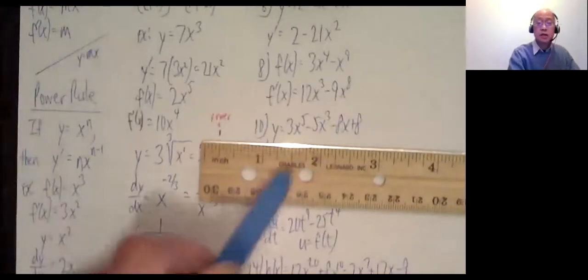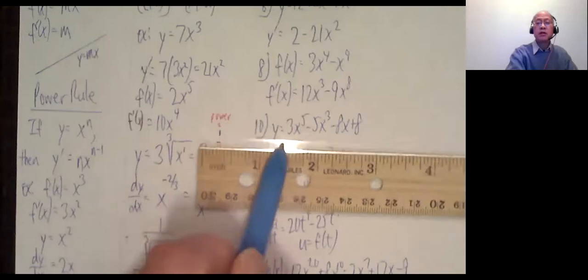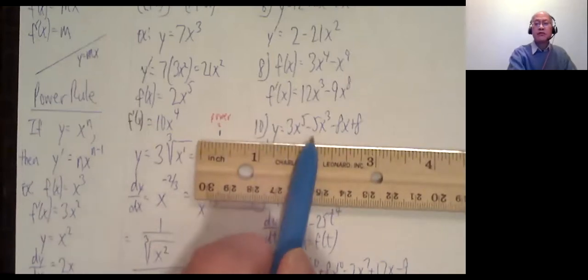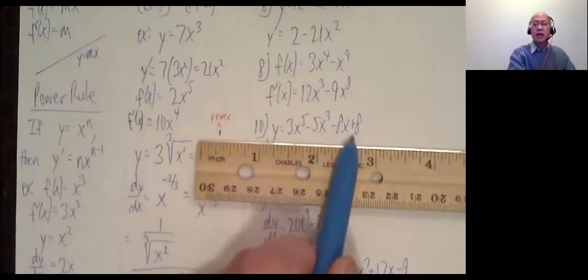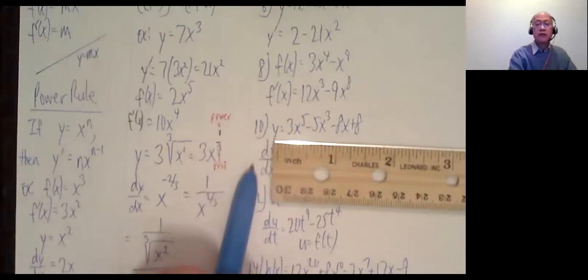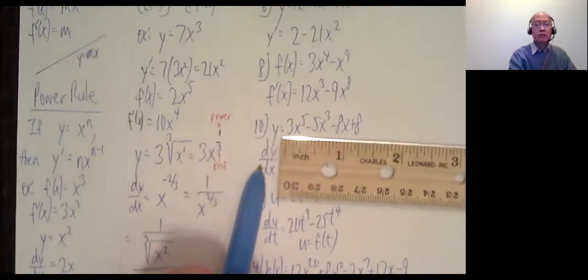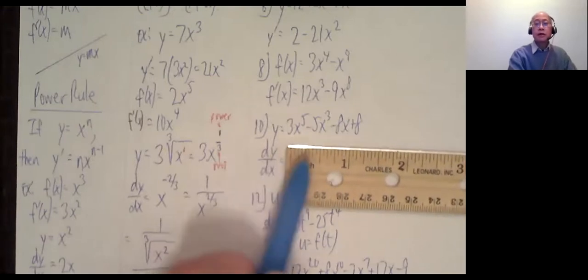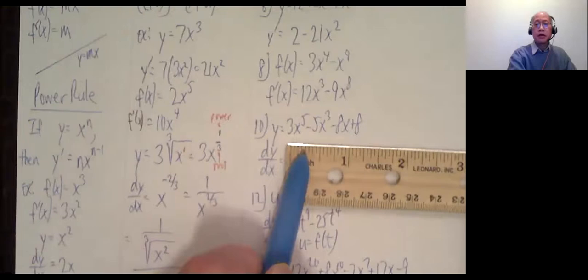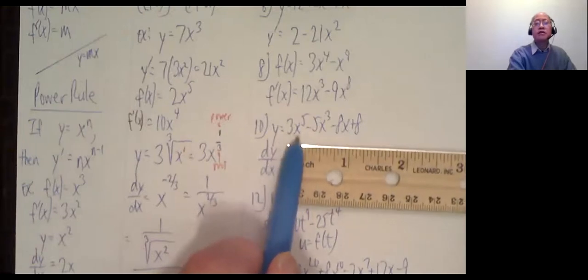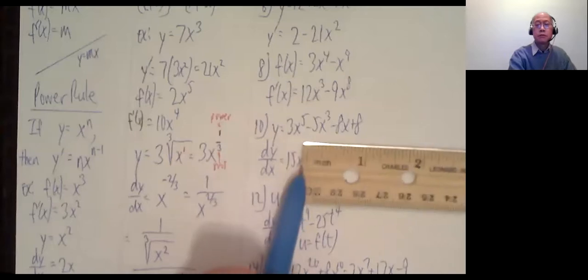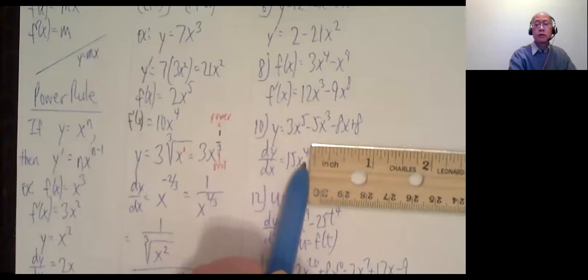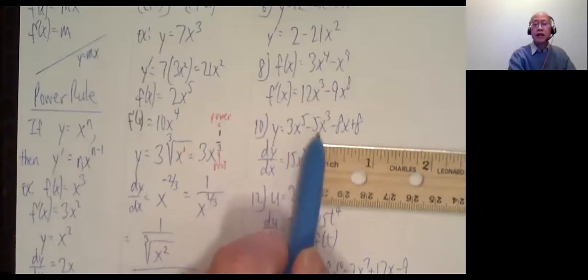Okay. 10, a little bit longer. 3x to the 5th minus 5x cubed minus 8x plus 8. Okay, so derivative. This time I wrote dy dx, but you can use any symbol for derivative. I'll pause a little bit so you can think. What's the derivative of 3x to the 5th? 15x to the 4th. Then think about negative 5x cubed.